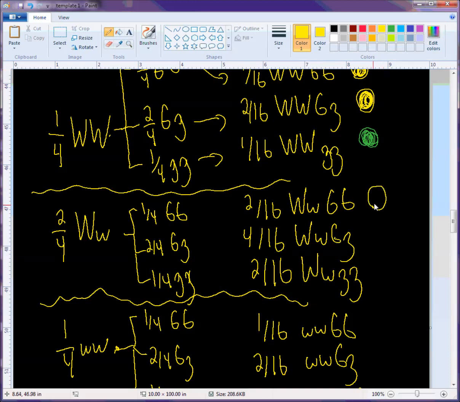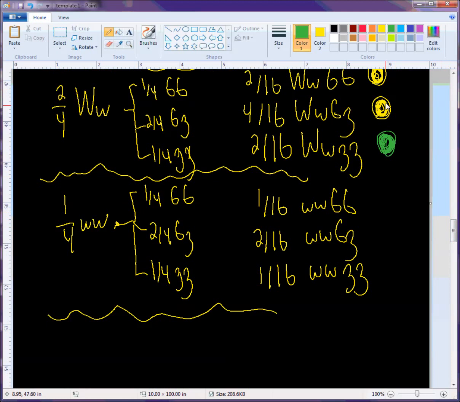Yellow and round. Yellow and round again. And for this one we have round and green. Okay, and all these down here are going to be wrinkled. We're going to have wrinkled and yellow, wrinkled and yellow again, and then wrinkled and green right here.